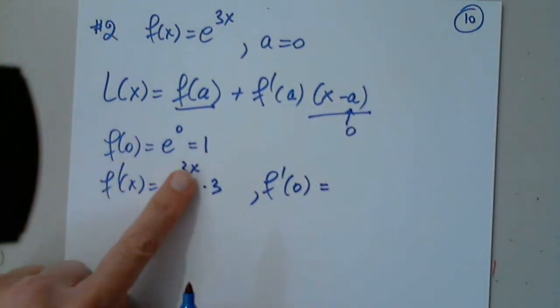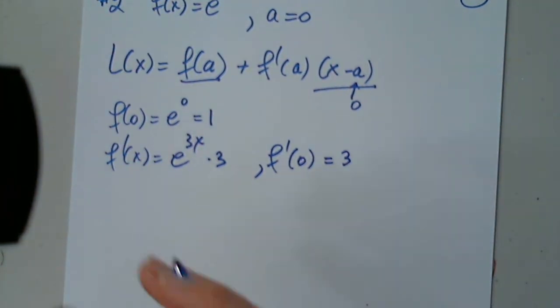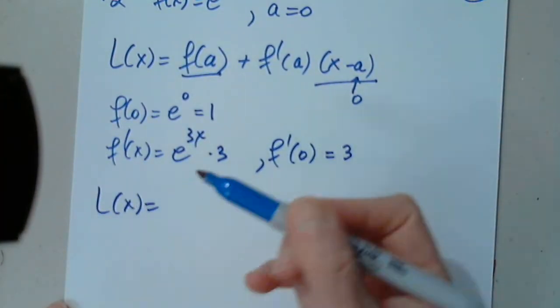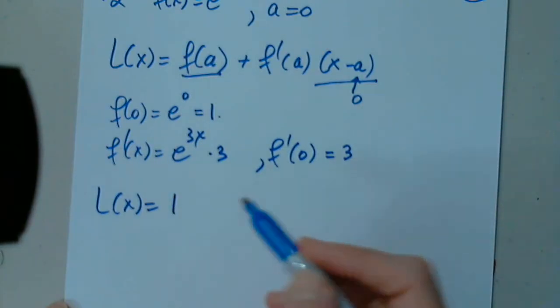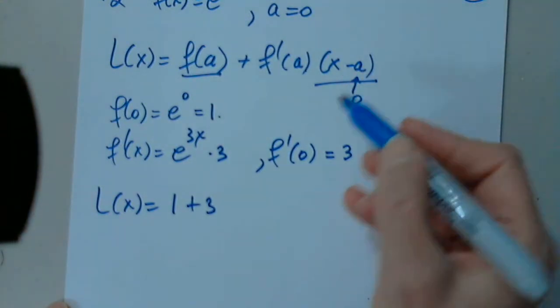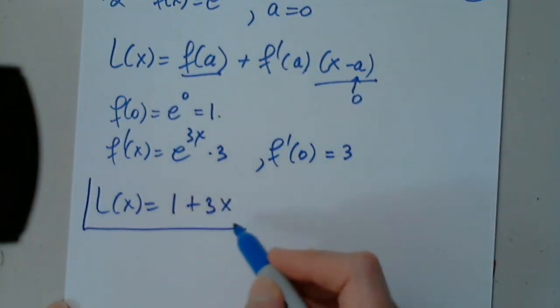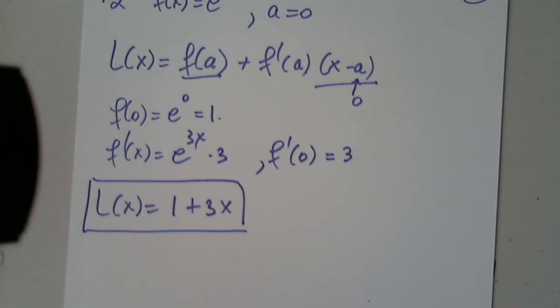You already told me that e to 0 is 1, so 1 times 3 must be 3. So what is the linearization then? F of 0 is 1. F prime of 0 is 3. X minus 0 is x. Done. That's it. Yes. Any questions?